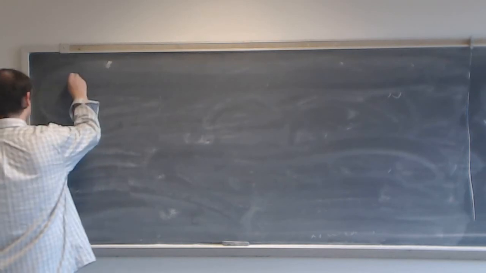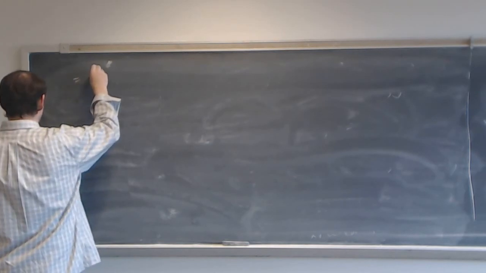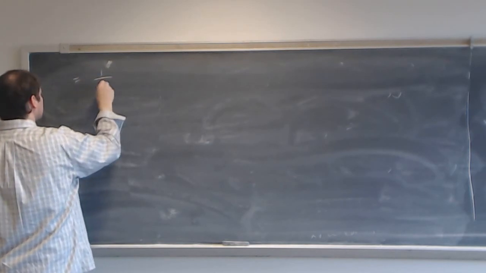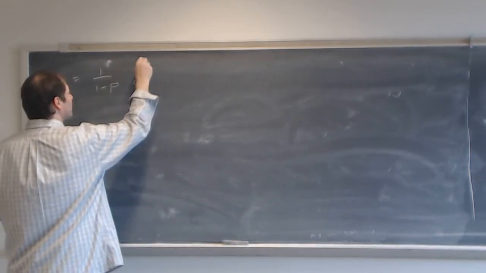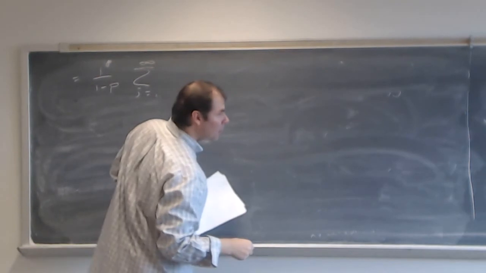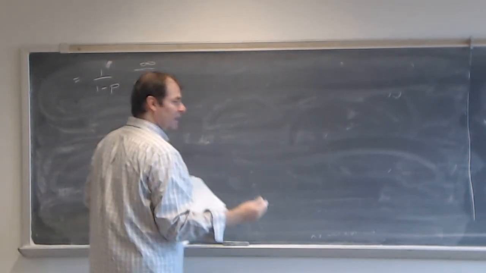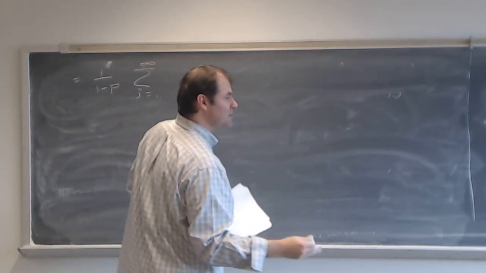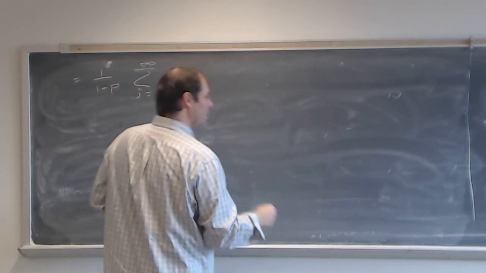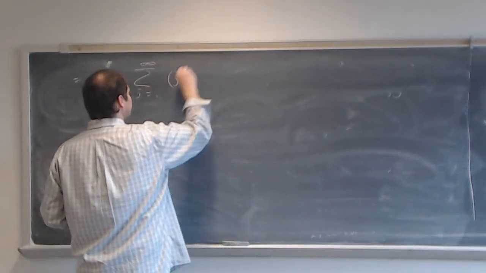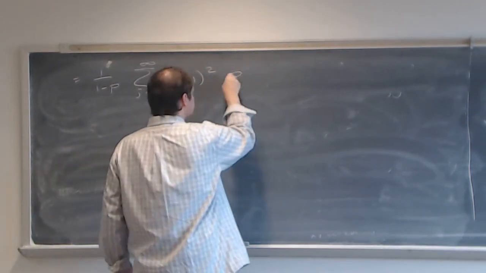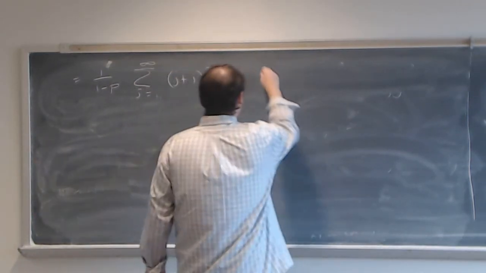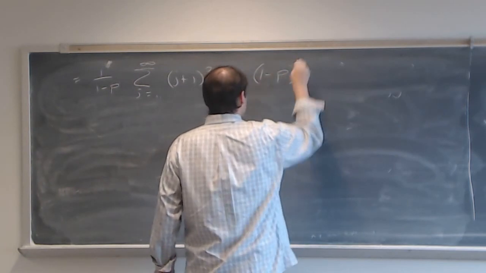Okay, so that's equal to 1 over 1 minus p, sum as j runs from 1 to infinity. It would be j, so n, j is equal to n minus 1, so n is equal to j plus 1, so we have j plus 1 squared times p times 1 minus p to the j.